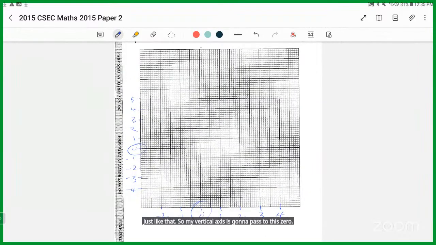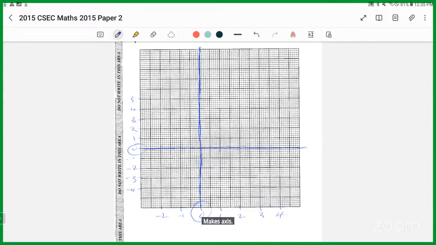So this is my vertical axis, my y-axis, passing through that 0. I can't draw a straight line with this device, guys. My horizontal axis is going to be here, my x-axis.